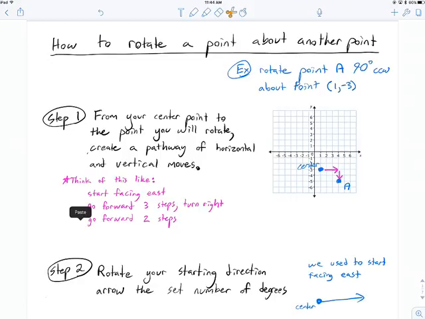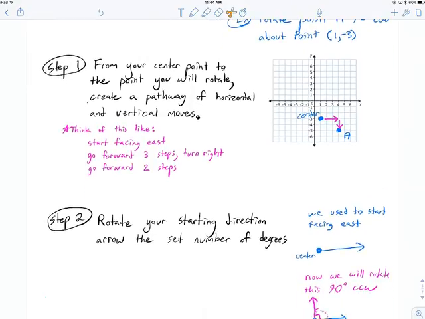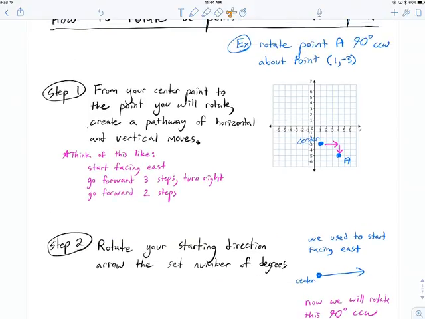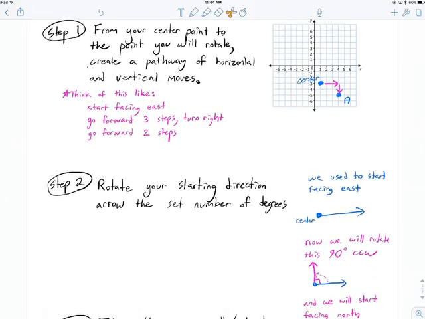Okay? The next thing is, rotate your starting direction only, the set number of degrees. So going back up here, it said rotate 90 degrees CCW. CCW is the abbreviation for counterclockwise, and CW would be clockwise. So counterclockwise 90 degrees. If I go down here, I was starting facing right.